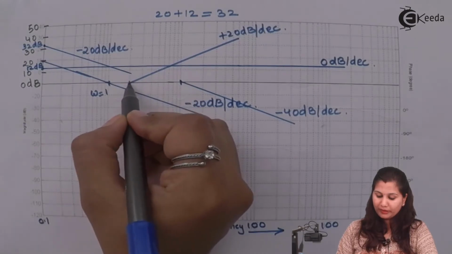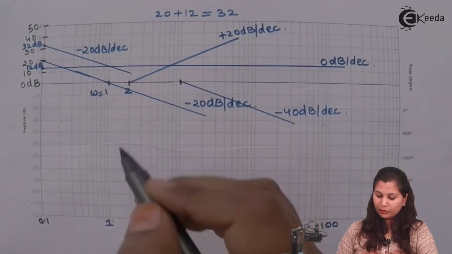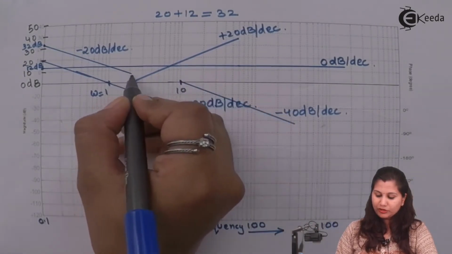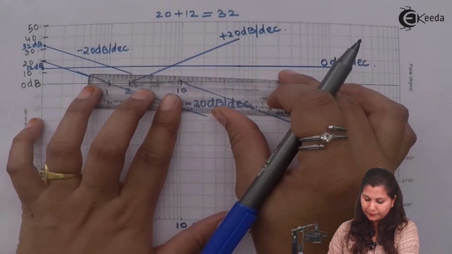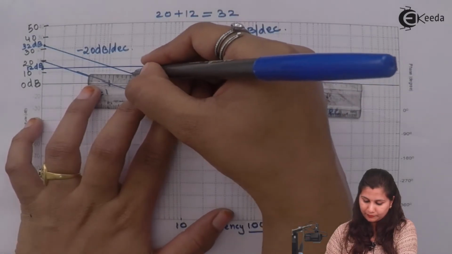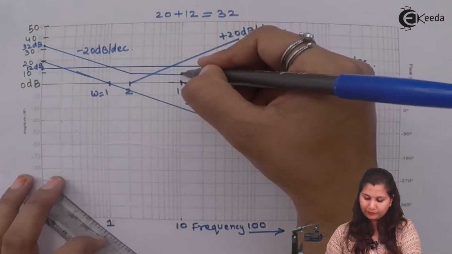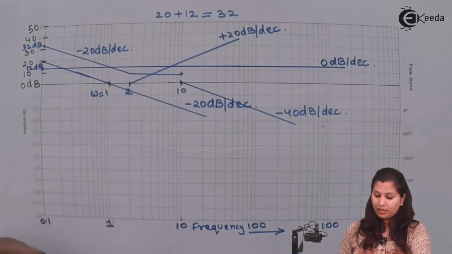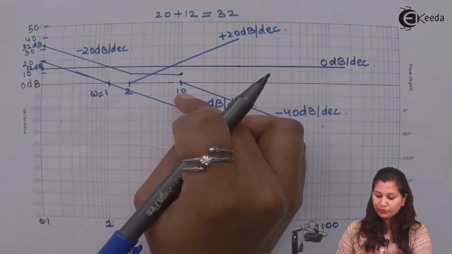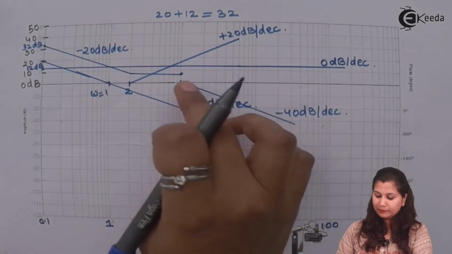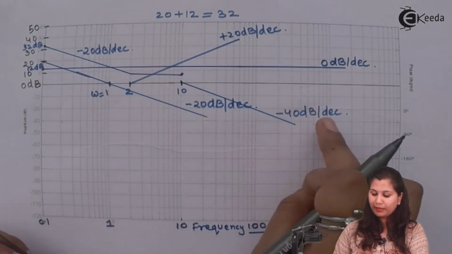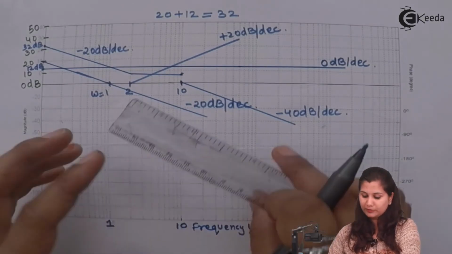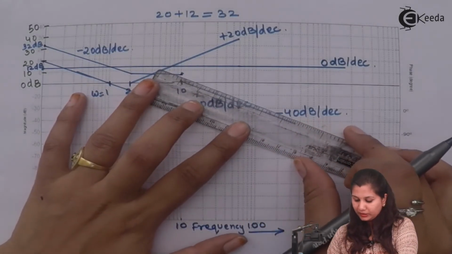So from omega equals 2 till omega equals 10, we will have the slope as 0 dB per decade. Now after omega equals 10, this minus 40 dB per decade will be added in the slope. So 0 and minus 40 will be minus 40 dB per decade.